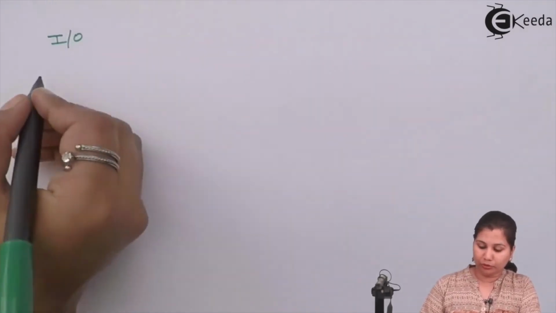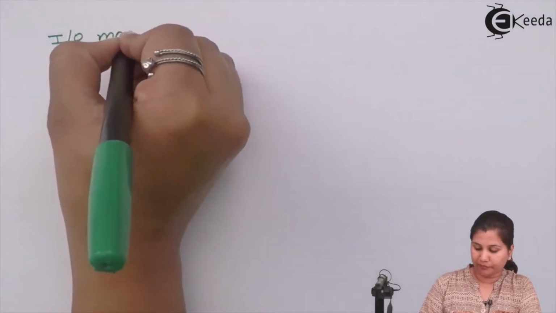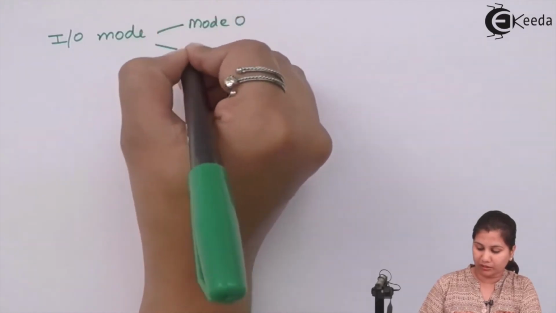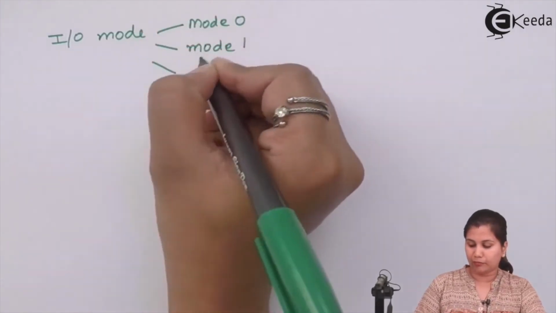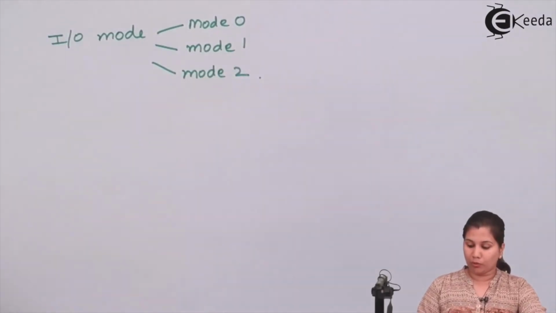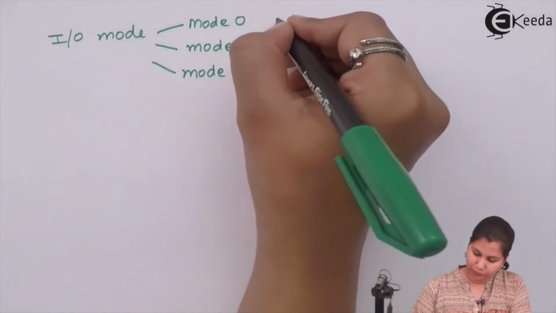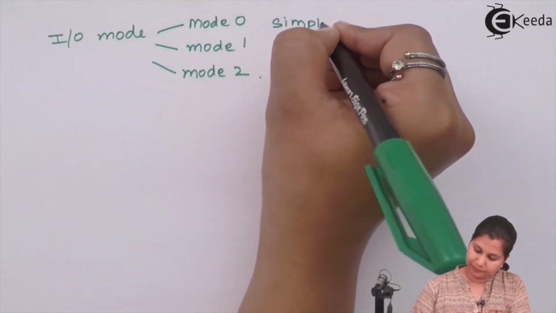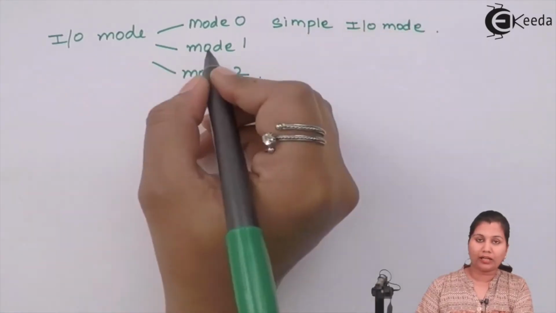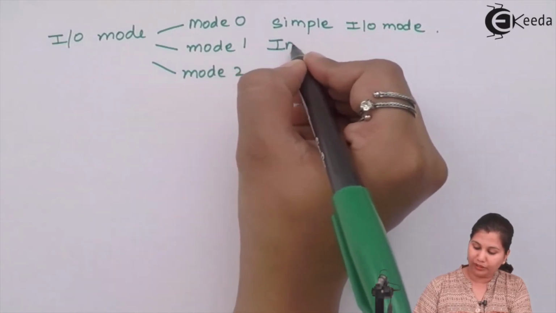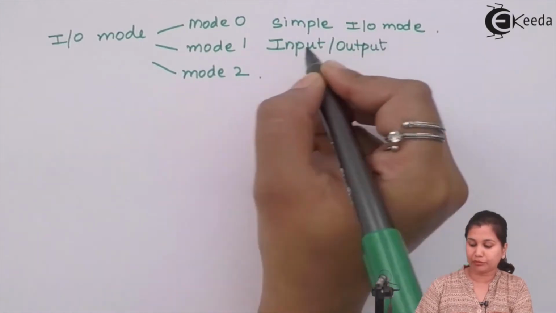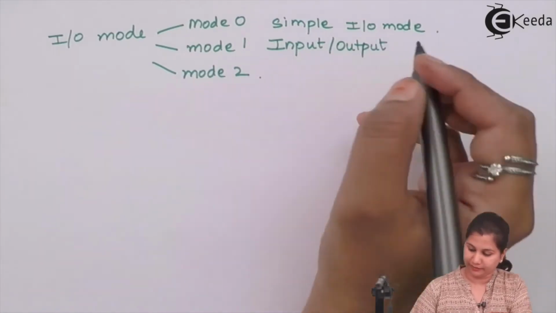So now let's come to the input output mode, which has three modes: mode 0, mode 1 and mode 2. Mode 0 is a simple input output mode. Mode 1 is input or output with handshake.